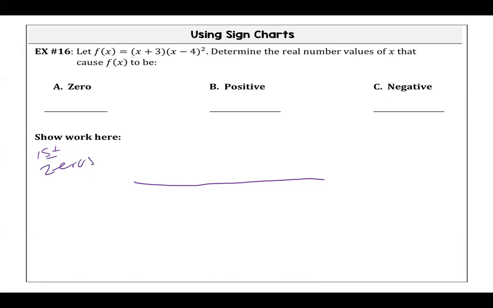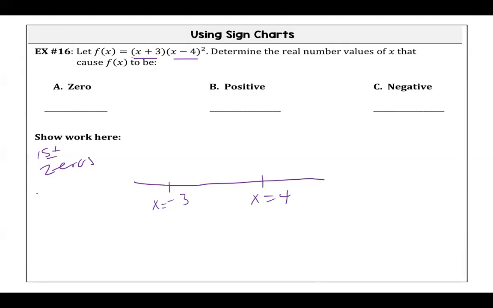So your zeros come from being in factored form. In factored form, I have x plus 3 and I have x minus 4. Do we see that? So I know that my zeros are at x equals -3 and at x equals +4. Agree?